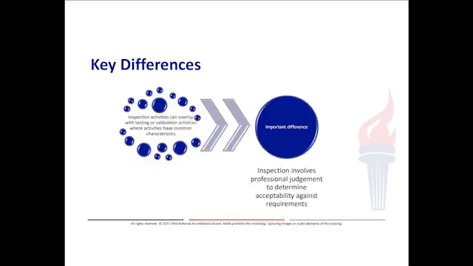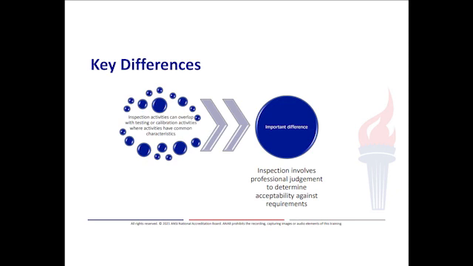Okay. Now, some of the key differences. One of the things that I get asked often is, aren't testing and calibration all part of inspection? Yes, there is a big overlap between the inspection activities that go on under 17020 and testing, calibration, or dimensional activities that go on under 17025.